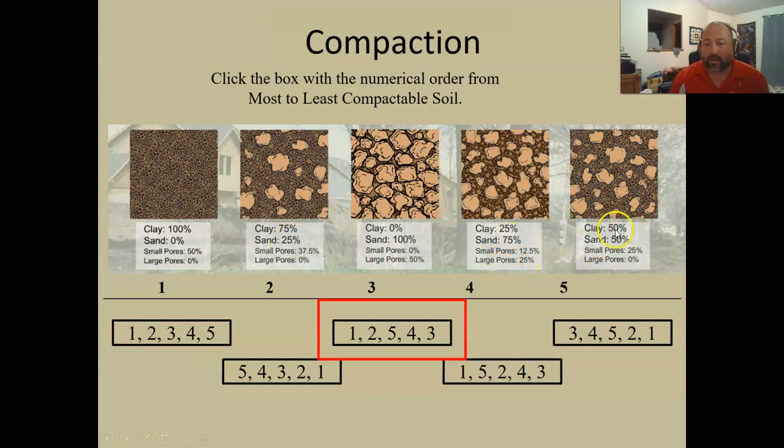Our next soil over here, 50% clay, so that's our next highest amount of clay. And then our 25% clay and our 0% clay. Basically, the more clay you have, the more likely you are to end up with compaction, because of that high surface area and that platy structure of the clay.